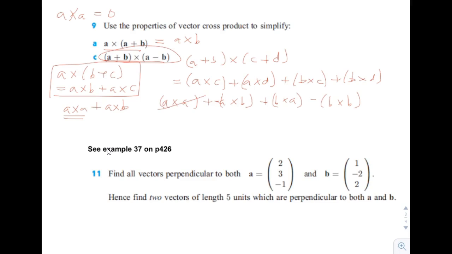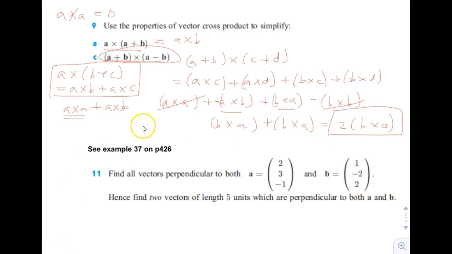Remember that A cross A and B cross B are 0, right? And then we have B cross A plus negative A cross B, but remember, negative A cross B is the same thing as B cross A. So actually we have B cross A plus B cross A, so that's the same thing as 2 times B cross A. Okay, so that would be the second expression.